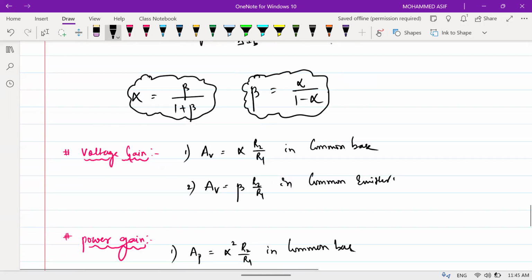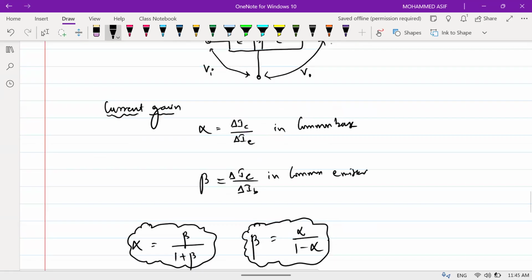So how do you define your alpha, beta, and gamma? Alpha is equal to change in collector current divided by emitter current, and beta is equal to change in collector current divided by your base current.